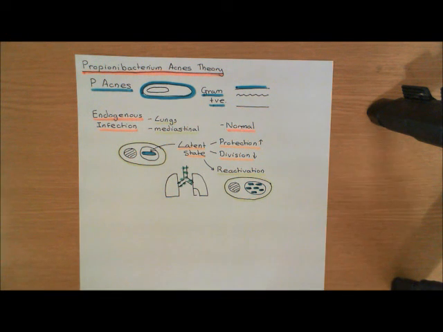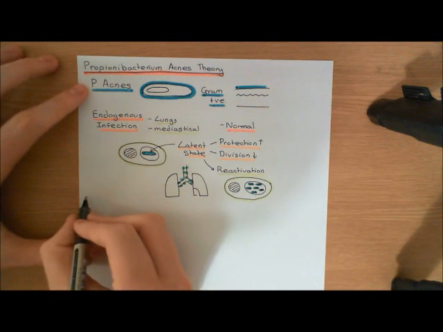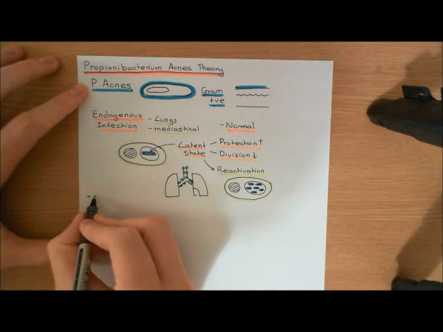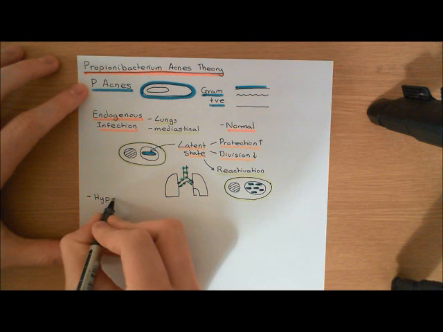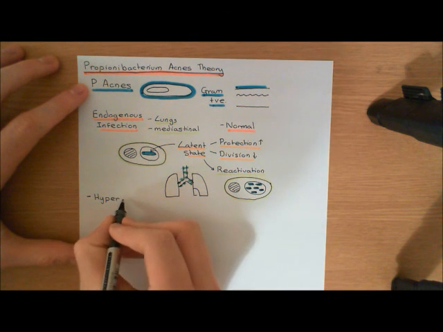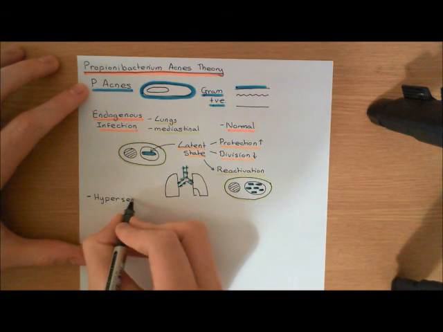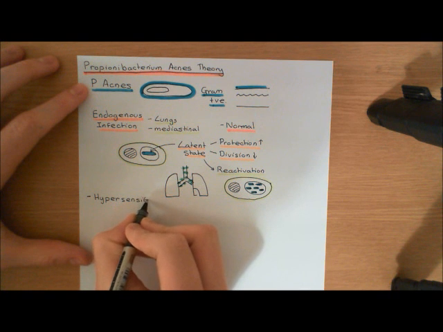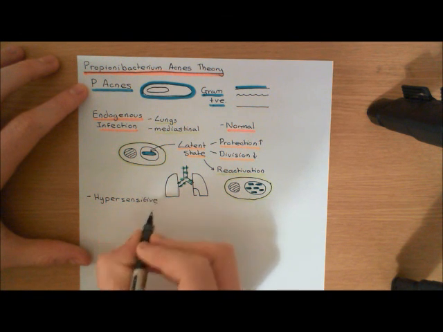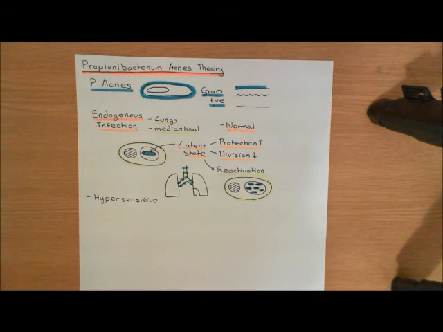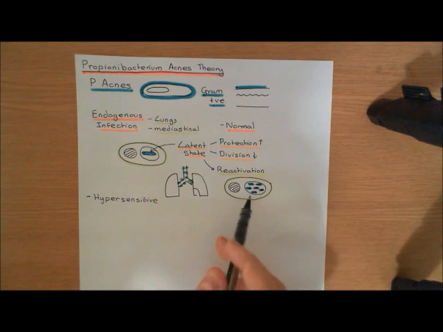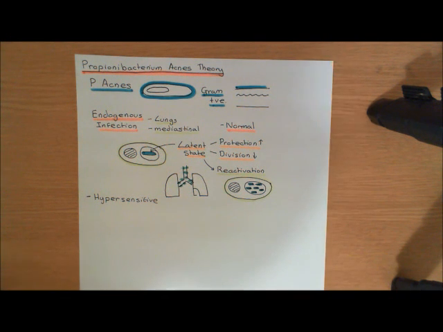Now, the idea then is that in sarcoidosis, what happens is the genetically susceptible host launches a hypersensitive adaptive immune response against the Propionibacterium acnes endogenous infection. So the idea is that because of your genetics, you are going to launch an adaptive immune response against the Propionibacterium acnes, even though it is not actually that dangerous.